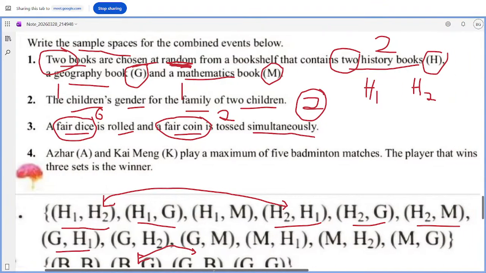Okay, next one. Question 4. Asa and Kai Meng play a maximum of 5 badminton matches. The player that wins 3 sets is the winner. So this one you guys must think also lah. If you guys play badminton, you know how to do the question. So how many sample space do you have? 5 matches, 3 sets is the winner. So any idea?